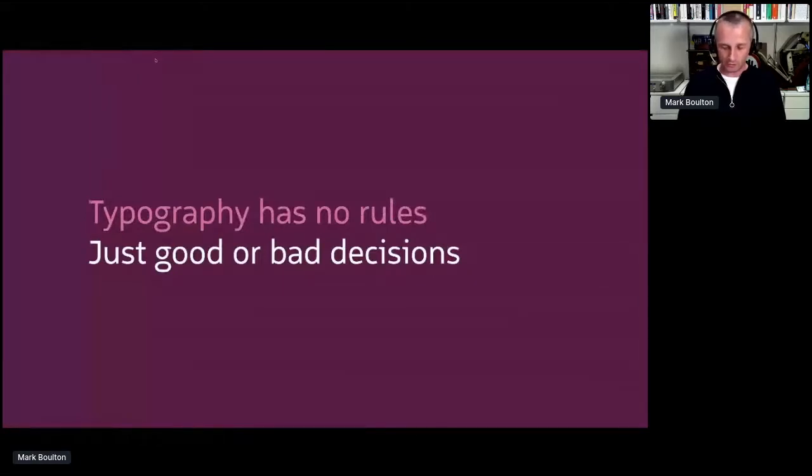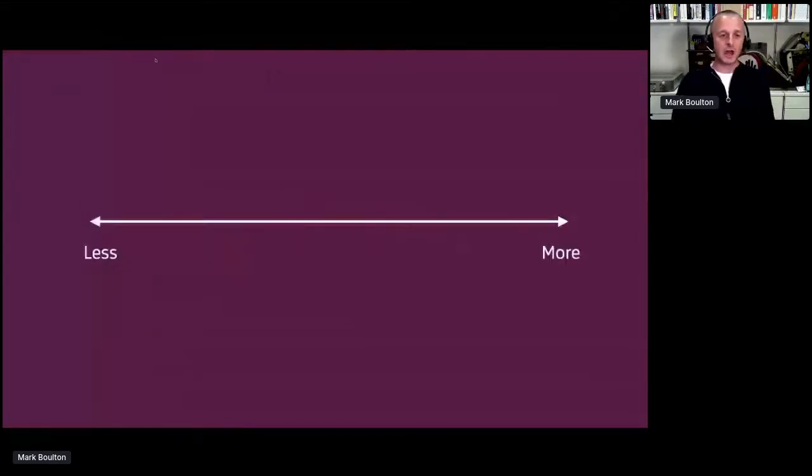There are no real things set in stone about what you must and mustn't do. So don't feel like you're ever doing typography wrong. That doesn't happen. You could be doing it badly, or you could be doing it really well. And accessibility as well lives along that continuum of something that is less accessible and more accessible.